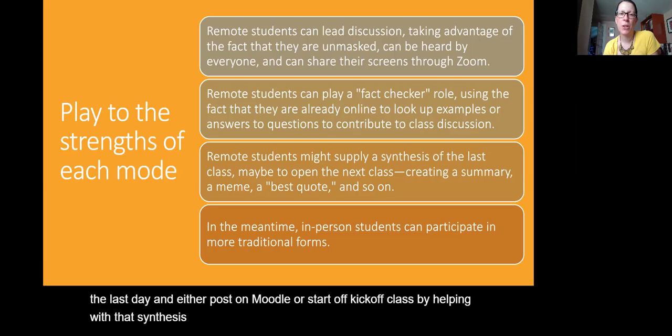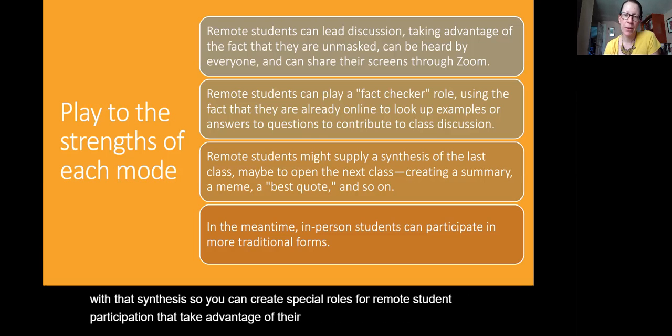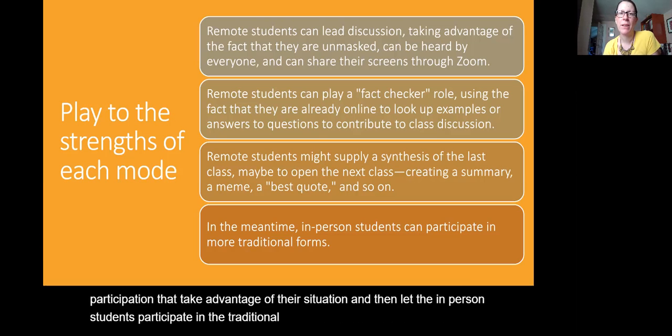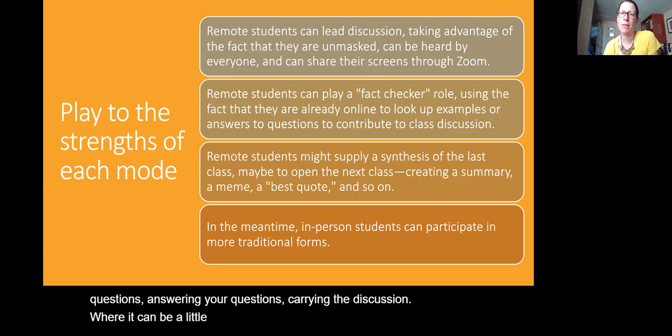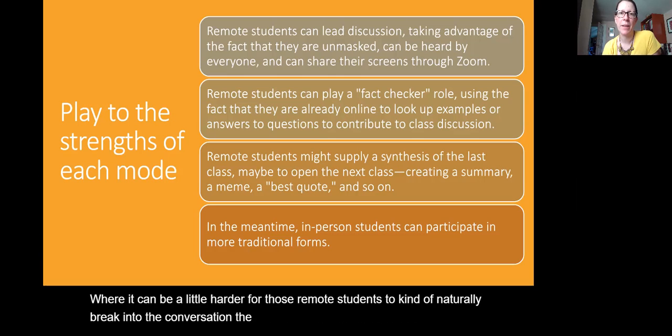So you can create special roles for remote student participation that take advantage of their situation, and then let the in-person students participate in the traditional ways that play to their strengths, asking questions, answering your questions, carrying the discussion, where it can be a little harder for those remote students to naturally break into the conversation. The in-person students can participate that way.